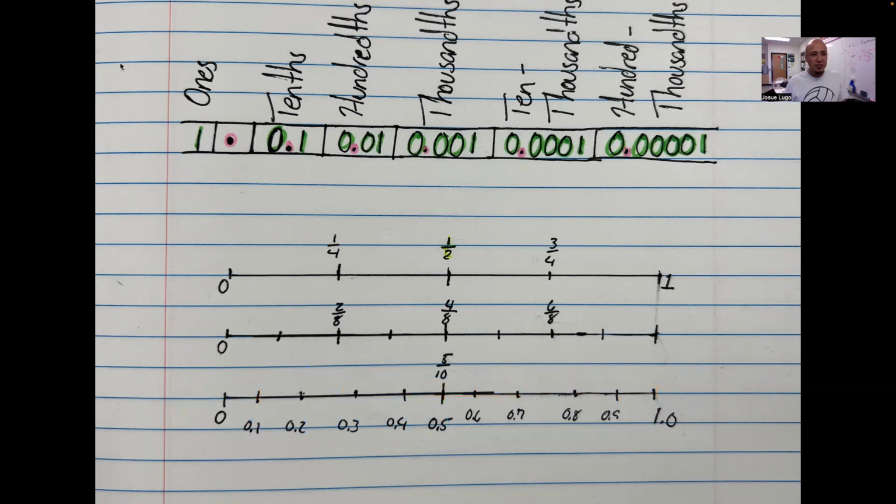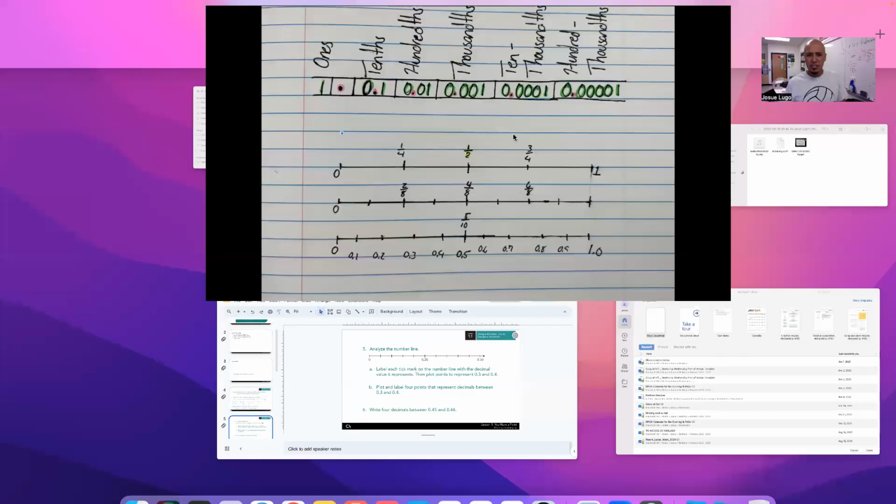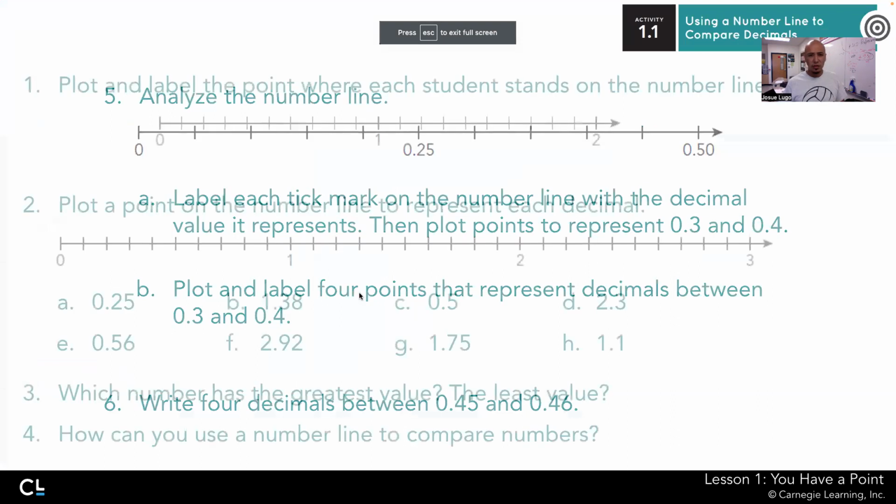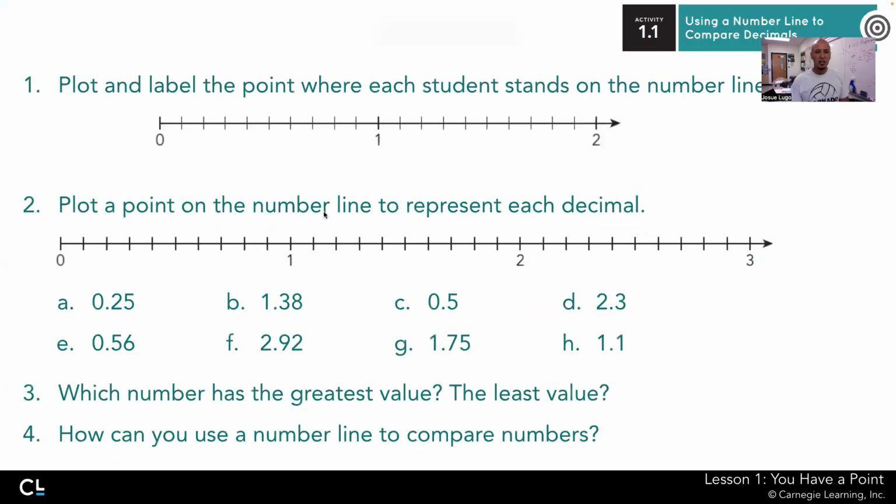So having said that, ladies and gentlemen, let's look at some examples of this. So consider this number line. Notice the first number line is cutting things into tenths, but we're not just given one whole, we're actually given 2 wholes. So 1/2 would still be 1, 2, 3, 4, 5.